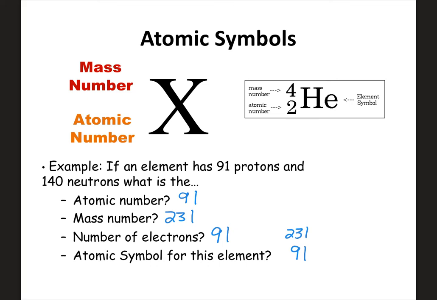Remember, the atomic number, the number of protons, tells you which element is which, and it should be Pa. So that's how you would answer this, and hopefully that's what you got for all of these. Make sure you know the notation for this particular atomic symbol format and know what the numbers in front mean and be able to use it to find information about any element.